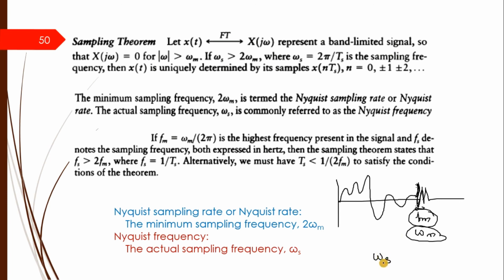Your sampling frequency should be greater than 2 times the maximum frequency. This is the maximum frequency. If I take my sampling at double the rate, for example, when it is suddenly changing, I'll record two data points in this suddenly varying, rapidly changing signal. That is quite okay for me. That's good. We have taken the samples of every variation.